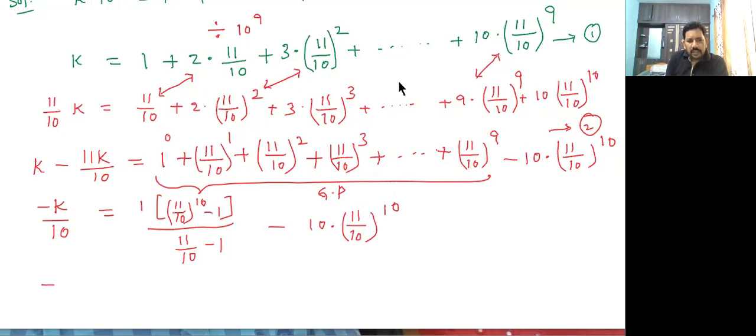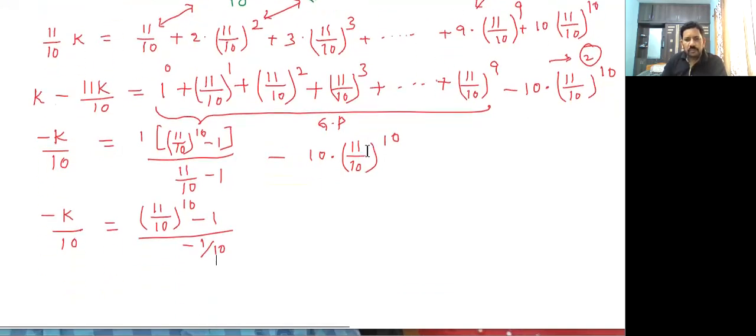Now calculate carefully. Minus k by 10 is equal to the numerator, 11 by 10 whole power 10 minus 1, divided by 11 by 10 minus 1, that is 1 by 10, minus 10 into 11 by 10 whole power 10.